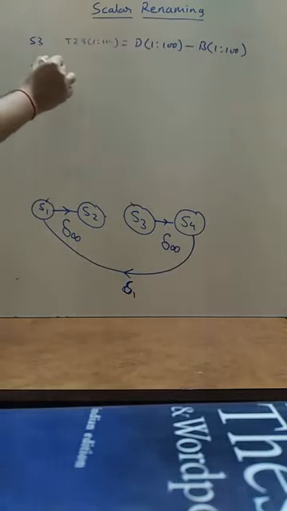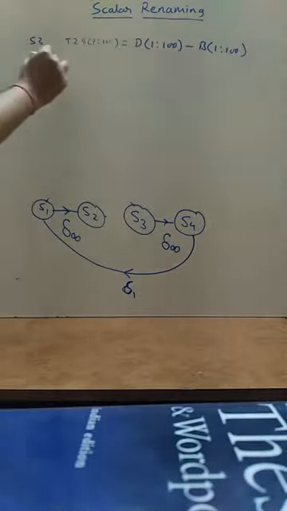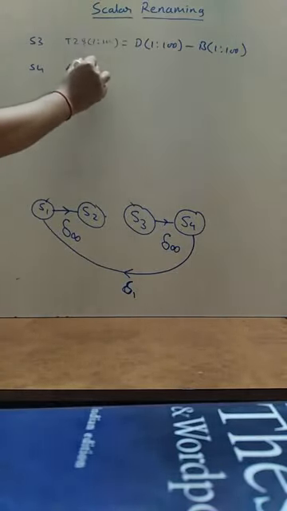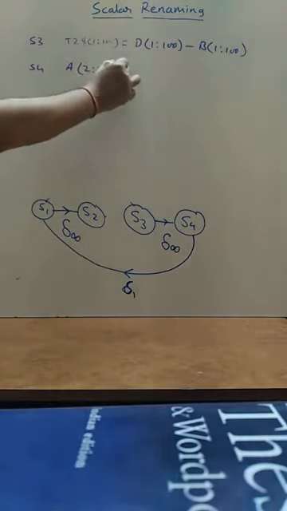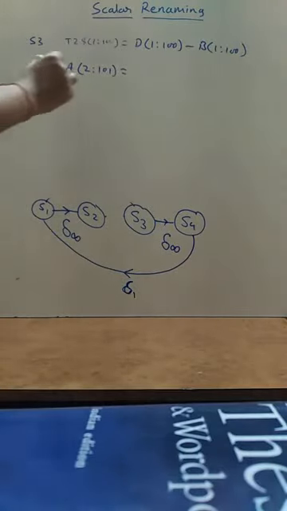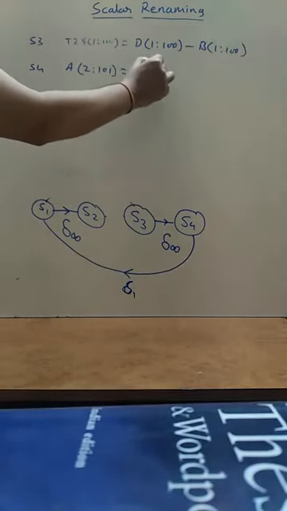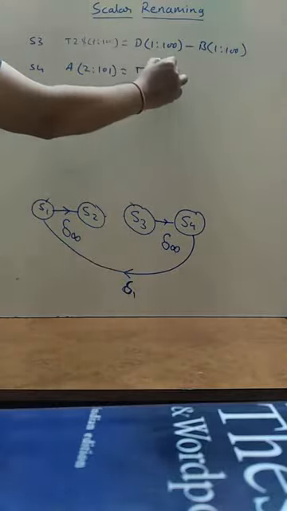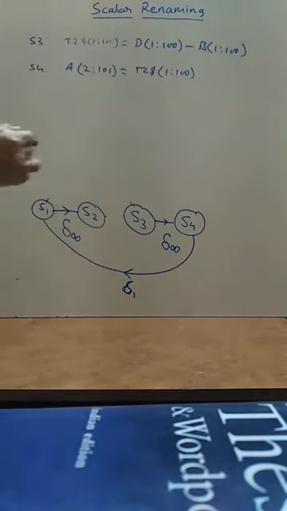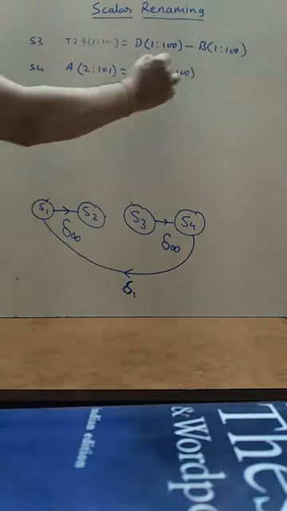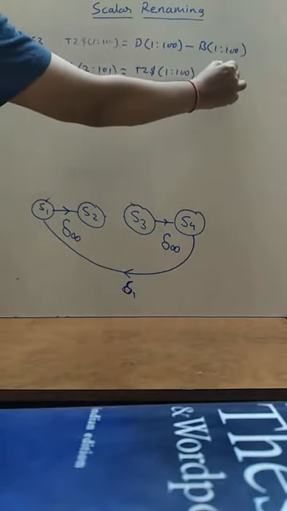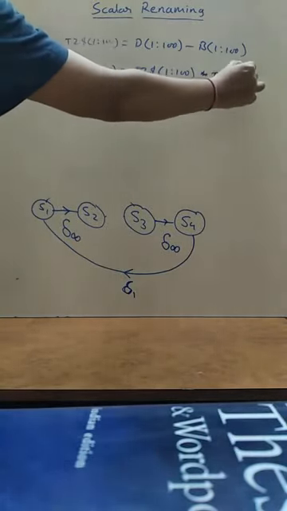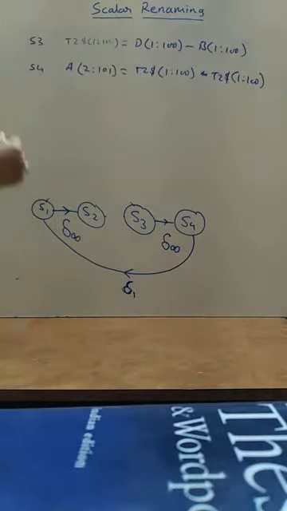Then next is S4, which is A of 2 to 101, and it is equal to T2 dollar 1 to 100 into T2 dollar 1 to 100.